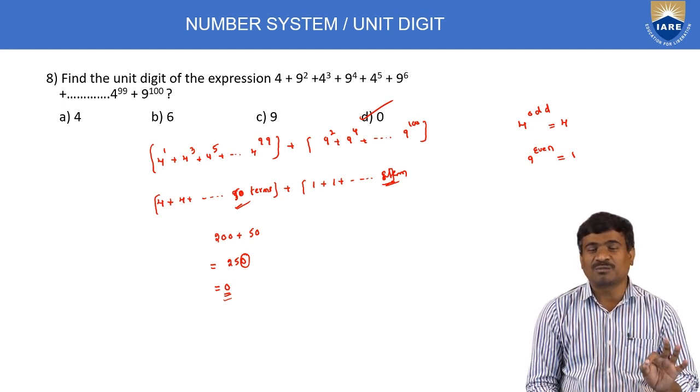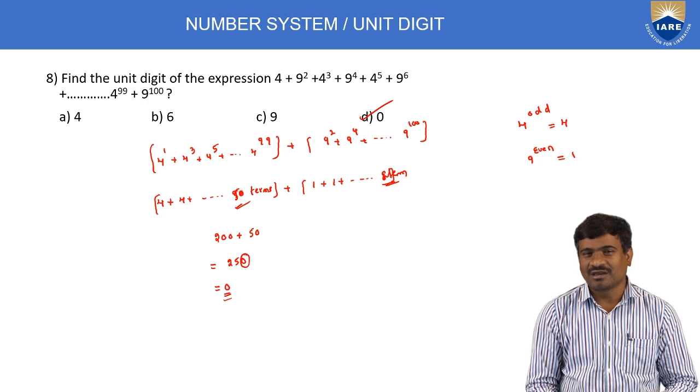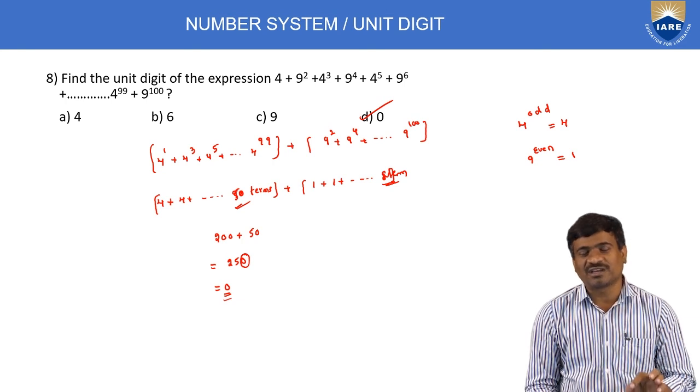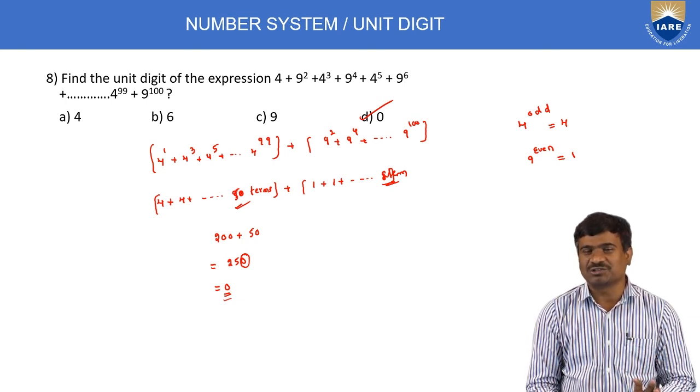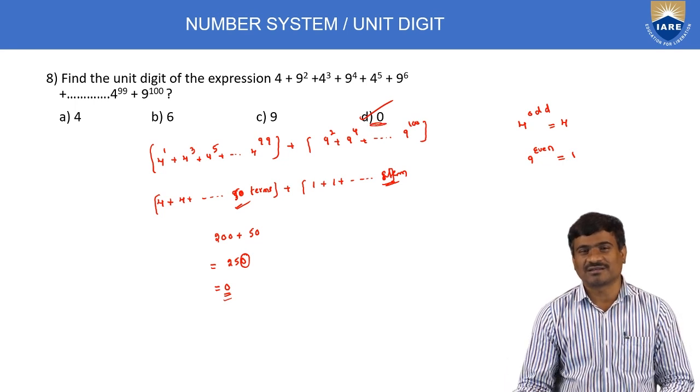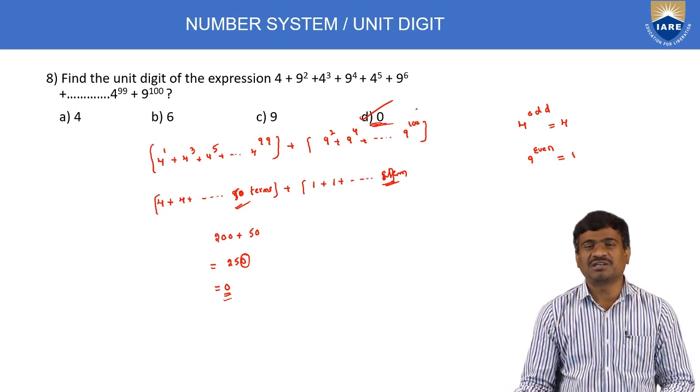Next, calculate the sum of this expression. Here 50 into 4 plus 50 into 1, the total sum is 250. In 250, calculate only the unit digit, which is 0. Therefore the answer is option D only. This is about the unit digit concept.